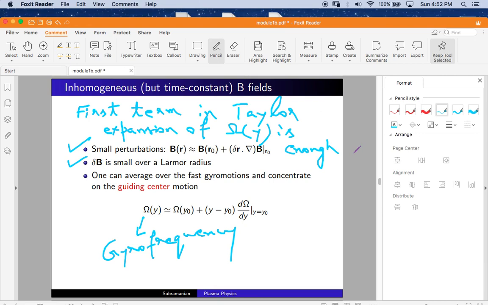Okay, so this is the spirit. Now, you can sort of appreciate that this follows from these two conditions, but I would like you to think carefully and see how this follows from this one and this one. Both of these are necessary.